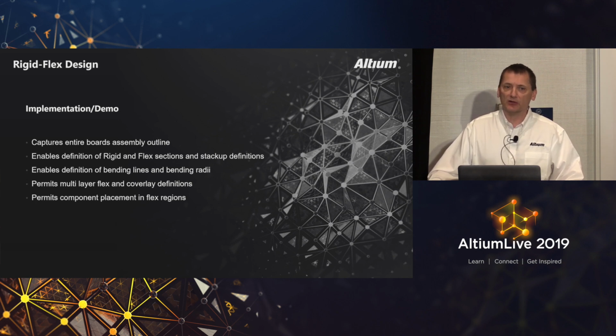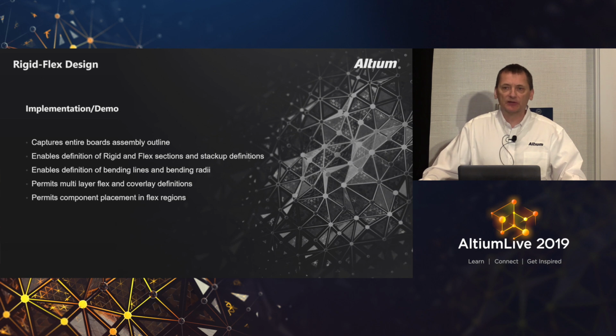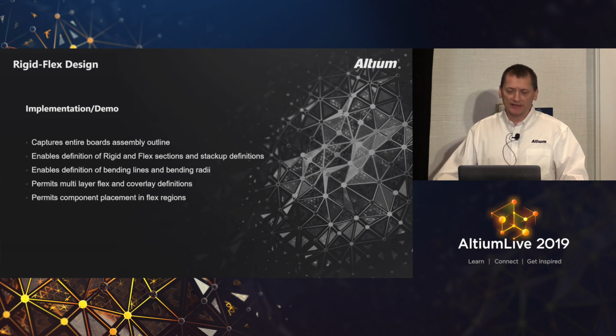So if you think about rigid sections and then flexible sections, different stack ups. You're probably used to the traditional single board stack up, and how would you even describe flex that runs through all the rigid regions? And then bending lines.